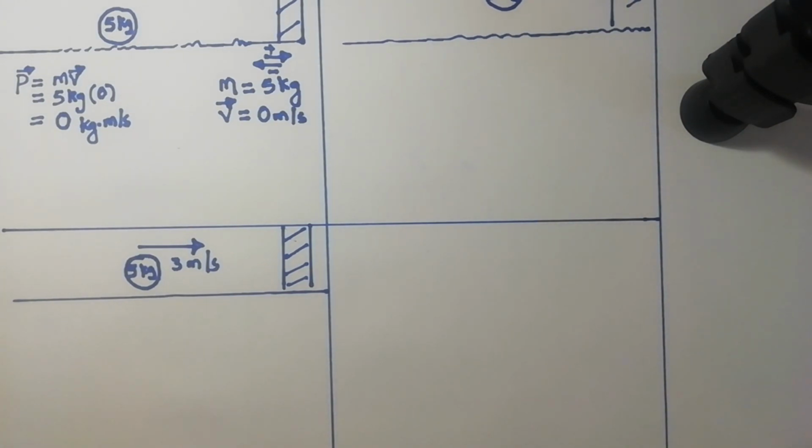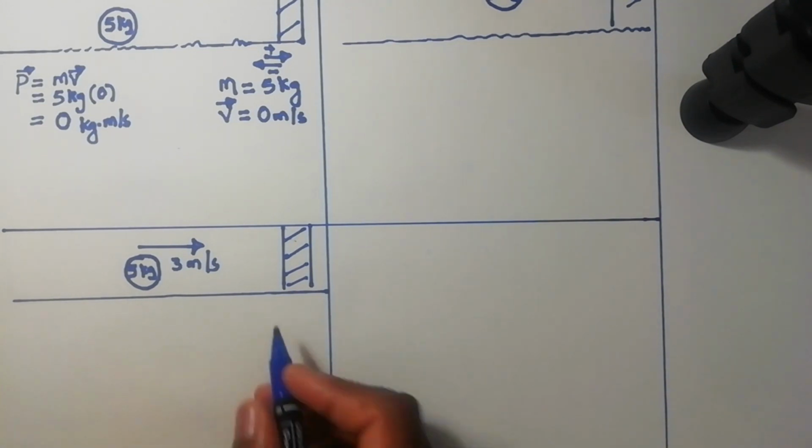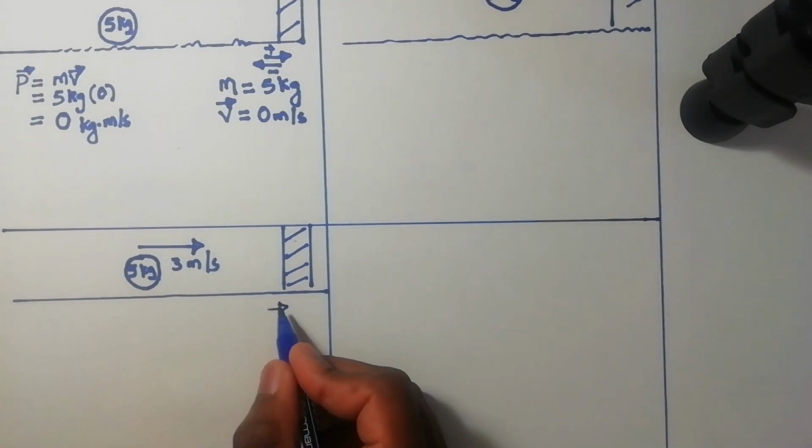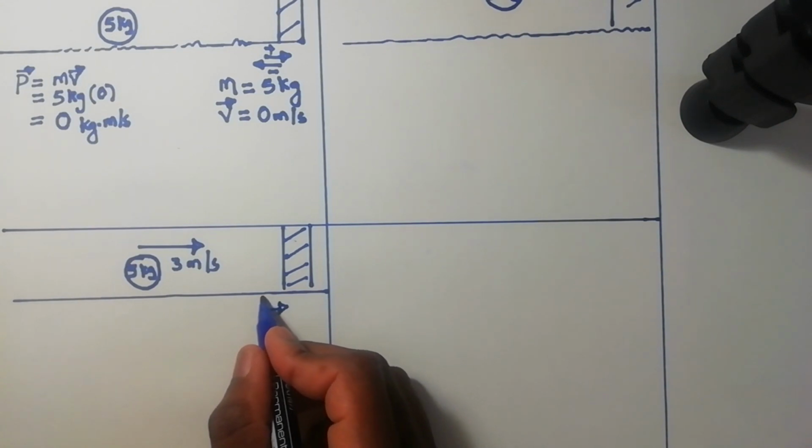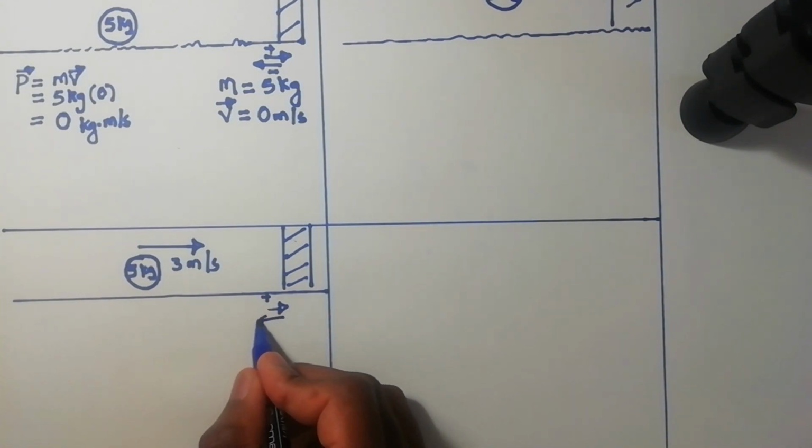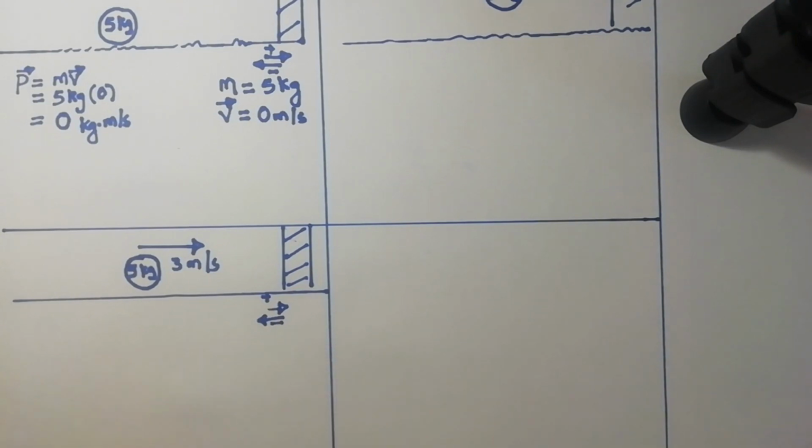And now let's look at the second case. Now the 5 kg ball was kicked and it started to move with a velocity of 3 meters per second to the right. Now calculate the momentum. First step, you state your direction: to the right is positive direction, and to the left is negative direction.